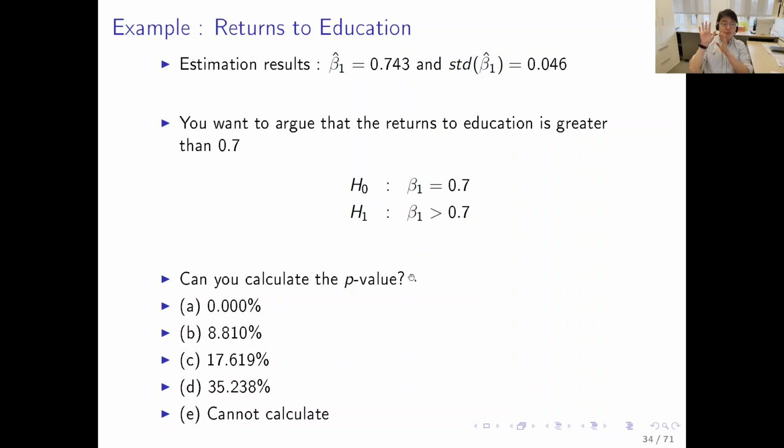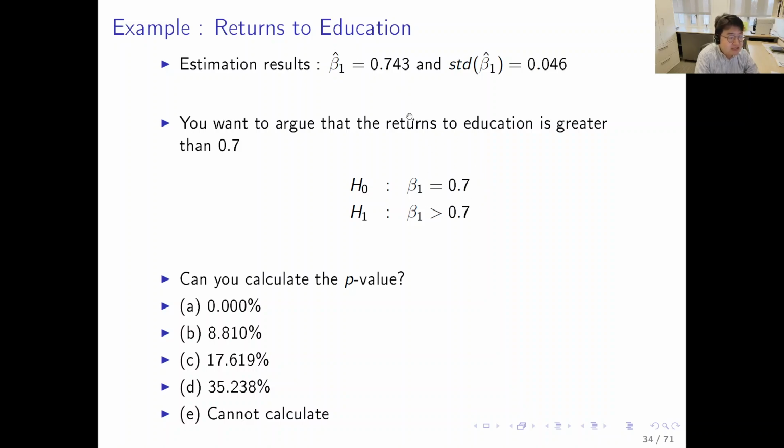Okay, so we have to follow several steps. First, you calculate the t-stat, then you calculate the p-value based on the standard normal distribution, and you don't make the decision here. The t-statistic is the standardized difference between your point estimator, your data, and your hypothesis, 0.7.